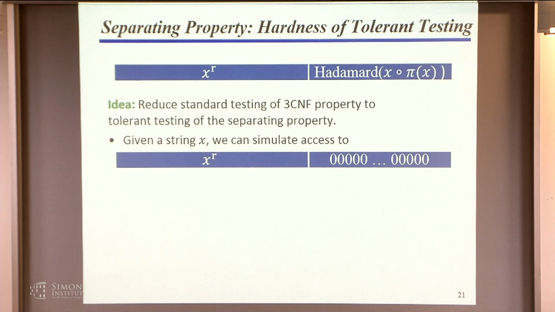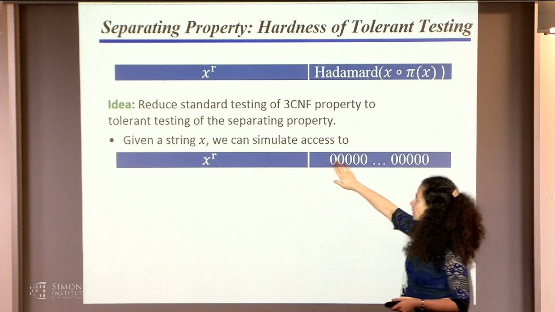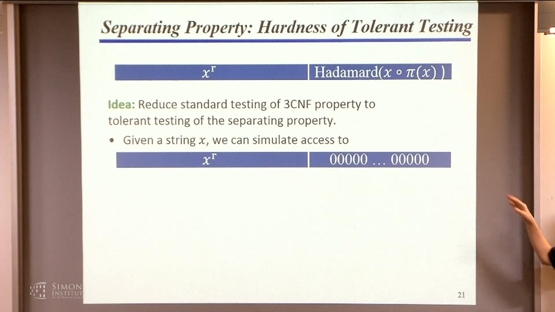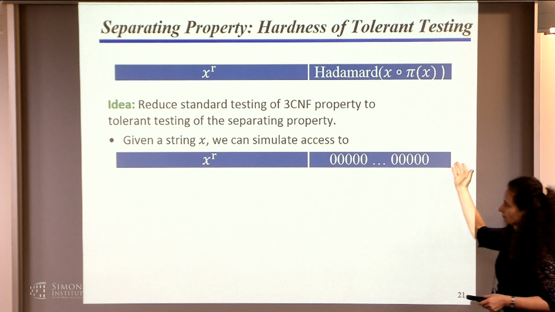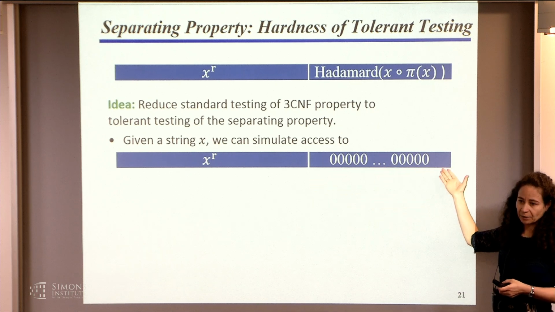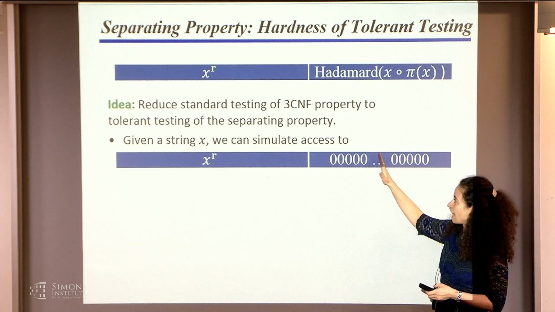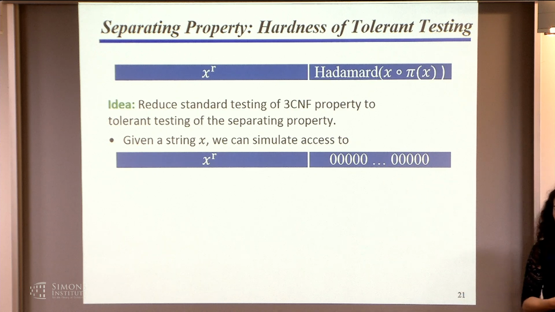So why is this? Given a string x, we can just simulate access to the repetitions of x plus just the all zero string. The all zero string can, in fact, be viewed as a Hadamard codeword with half of the bits incorrect, right?